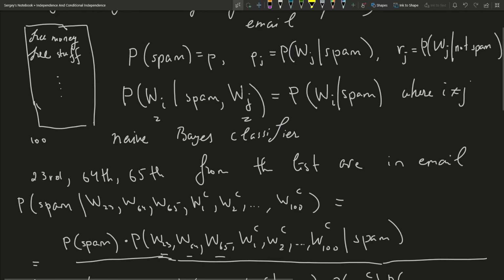So here we defined r sub j to be the conditional probabilities of these words, given that the email is not spam.